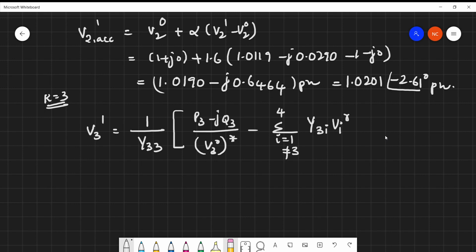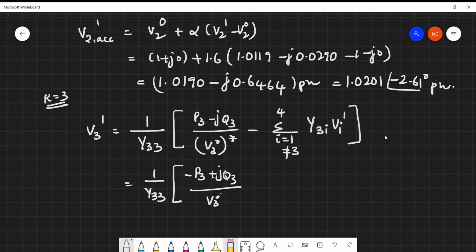So here R plus 1 means only prime or 1. Here you also need to consider that bus 3 is a load bus. So P3 should be minus, Q3 minus of minus, plus will be there. Like we have done in the earlier calculation, in the same way you need to proceed.